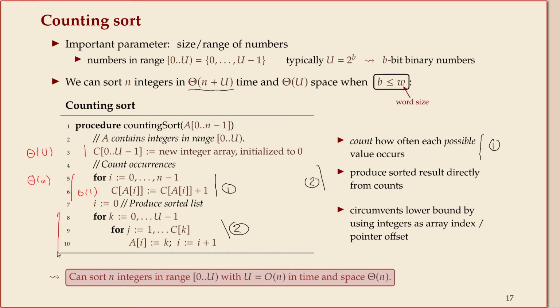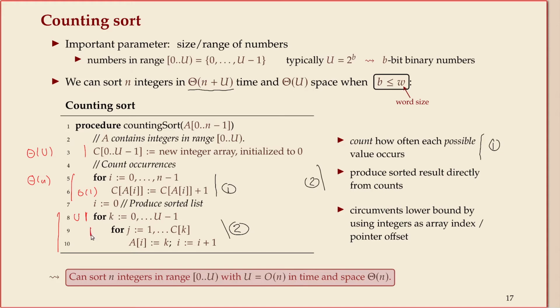And then the final loop, we do 2 iterations, but look at what happens. For each value in the universe, we iterate through our counts. So this has u iterations.